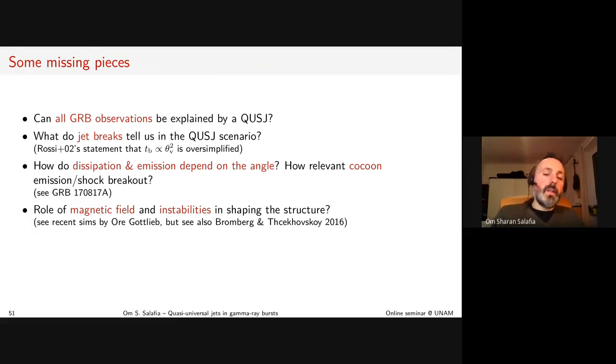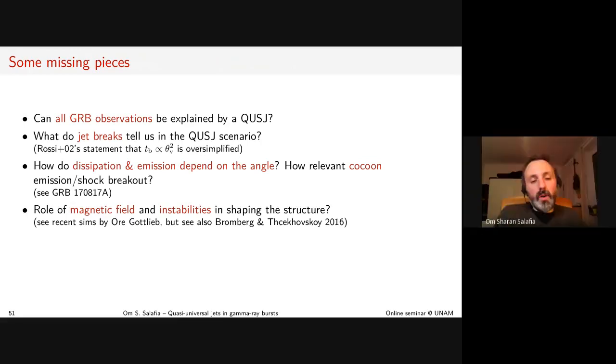So the jet could get to breakout not highly magnetized, and it could be that it is not extremely important. But again, you can see these recent papers by Ore Gottlieb, where he uses an equipartition magnetization, so not a magnetically dominated jet, and he shows that you have quite some difference in the resulting structure.